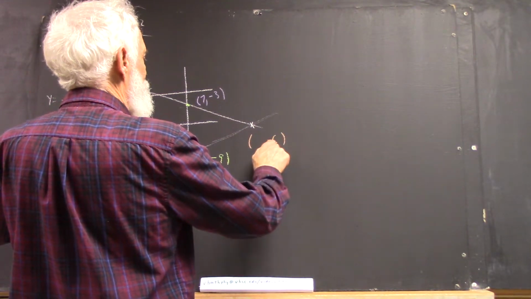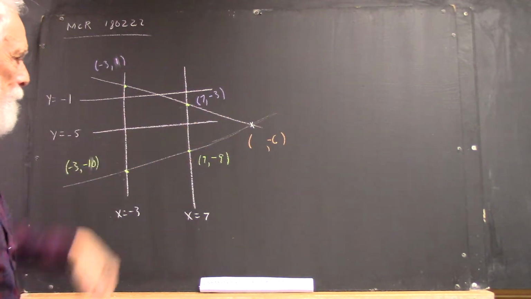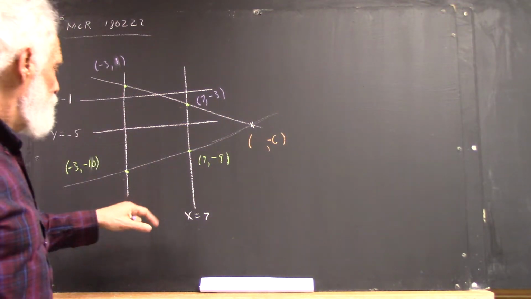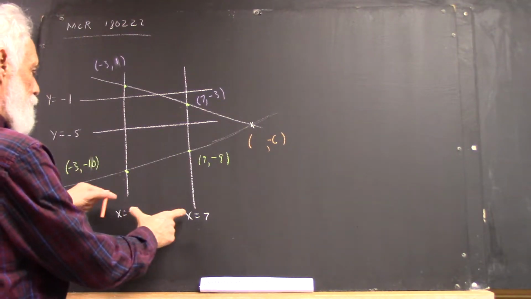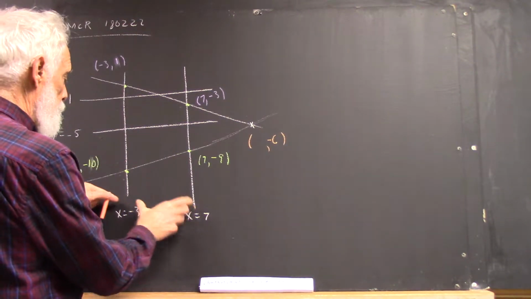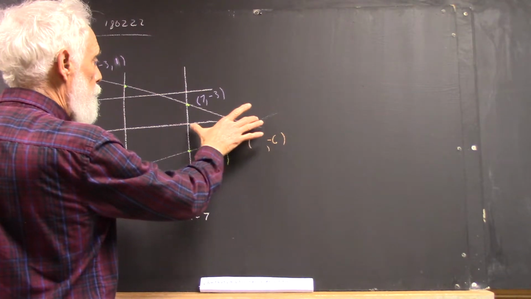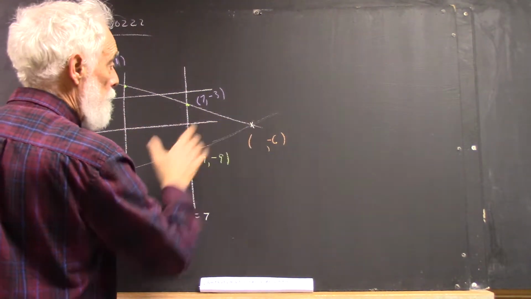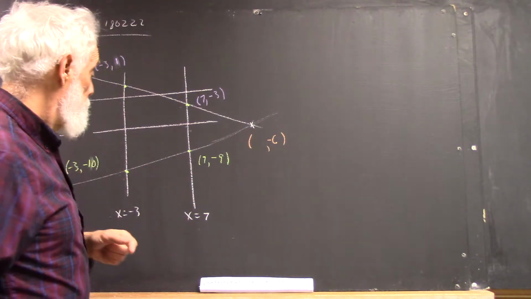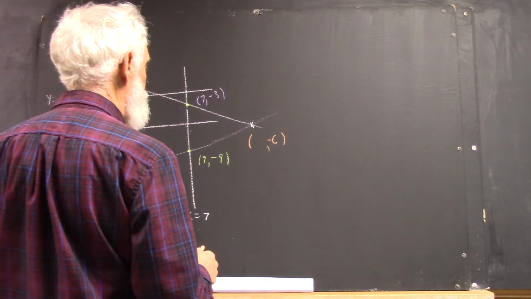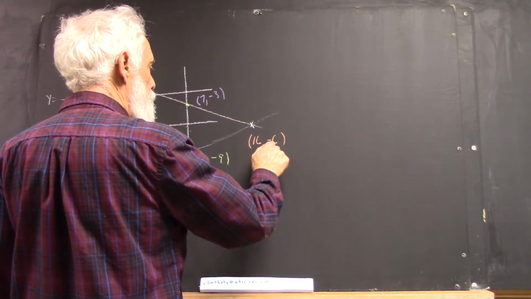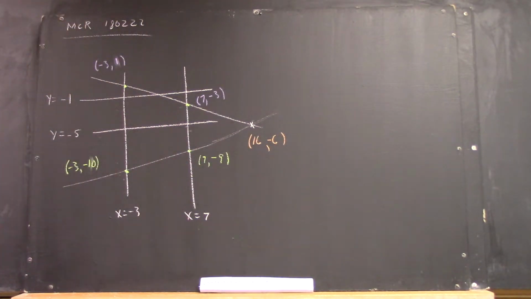Again, I'd want to estimate that a little more closely, but we'll go with that. And let's see, x is 3 and 7. That means it's 10 units from here to here. Now if I go over to here, 10 units, that's pretty close to 10 units, isn't it? So from x equals 7, I'm going to say it's about 9 units, and I'm going to say this is 16, -6. Okay?